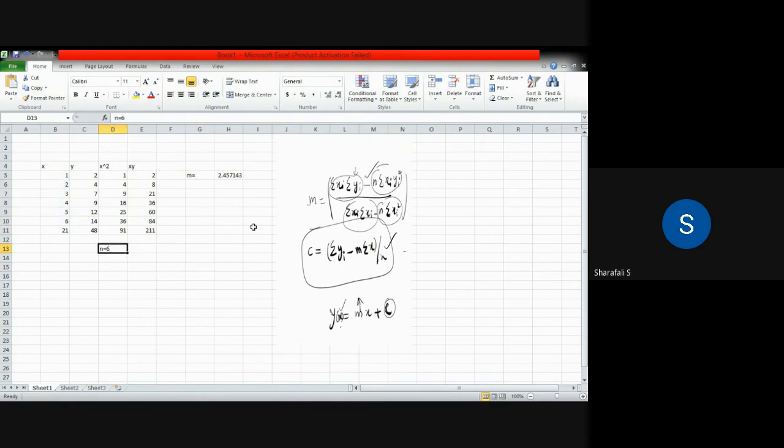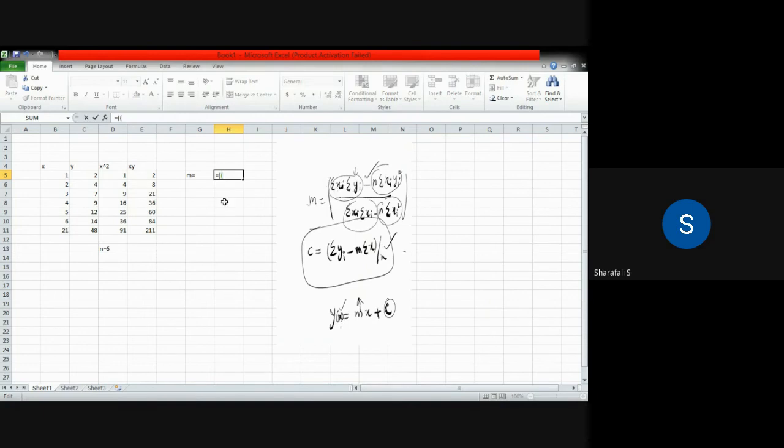Now n equals 6, since 6 data points are given. What will be m? My m will be this quantity, 2.4571. How can I get that? I write m equal to, and the first term is sigma xi, as you can see from the equation.